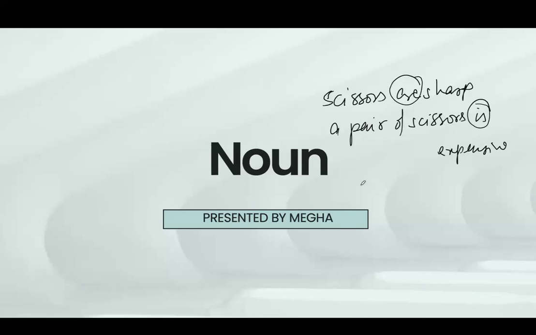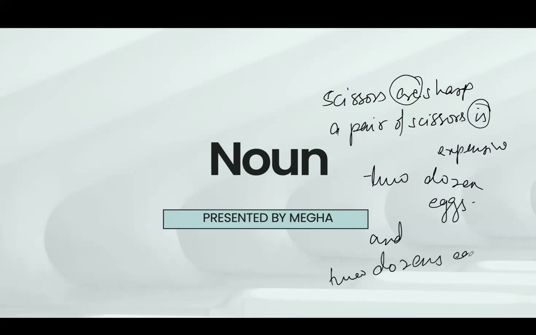Or that we say 2 dozen eggs and not 2 dozens eggs. Do you see the difference? English grammar is full of such fascinating rules and confusing exceptions.